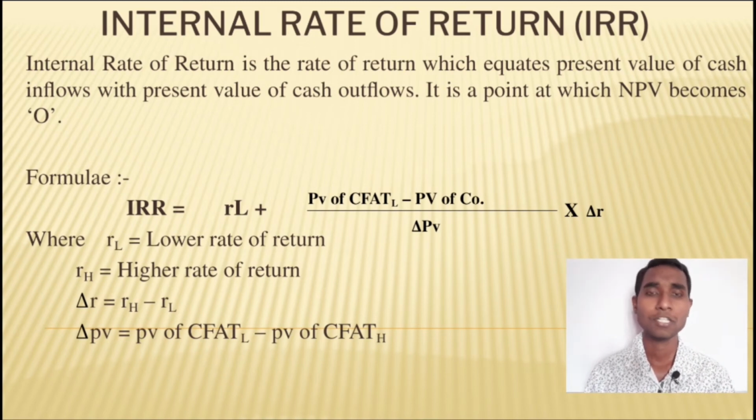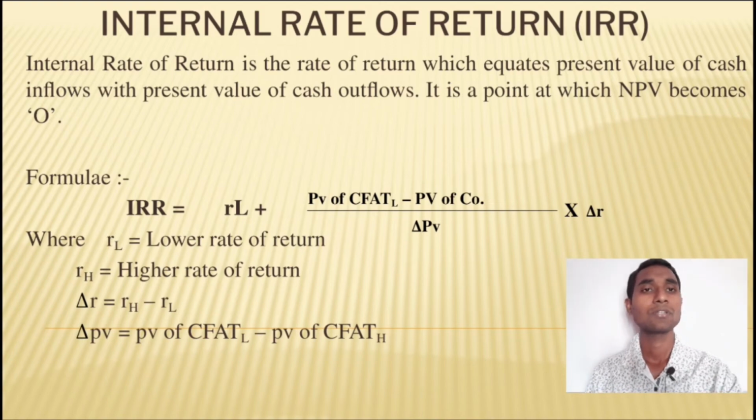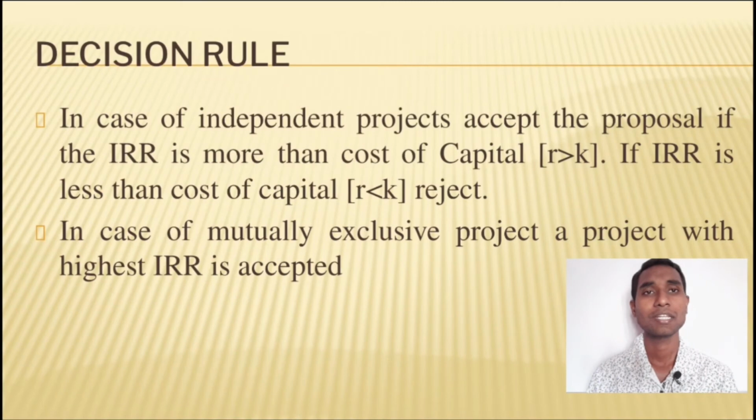Once we have understood the formula, the next thing we need to learn is the decision criteria under IRR. We know very well that we have two types of projects: independent projects and dependent projects. So the decision also varies according to the project we are undertaking.